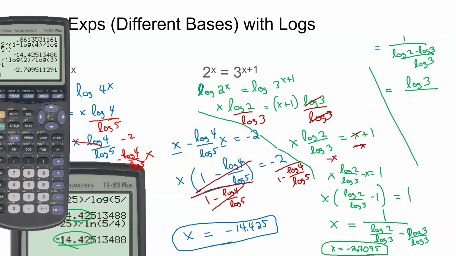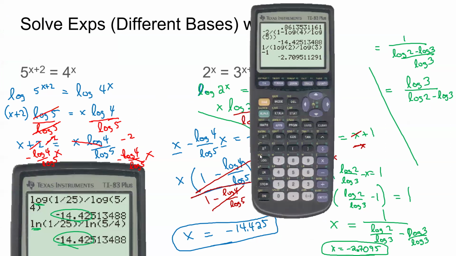You get the idea, right? Over log 2 minus log 3. Okay, and that should give me the same answer right there. We'll try it just to see if I'm insane, but there's the log 3 on top. We're dividing that by, get some parentheses around the whole denominator there, log 2, close, minus log 3 equals, there's that same number again.